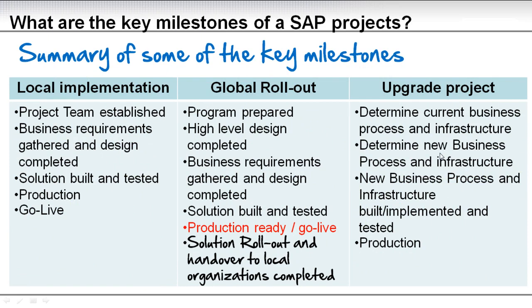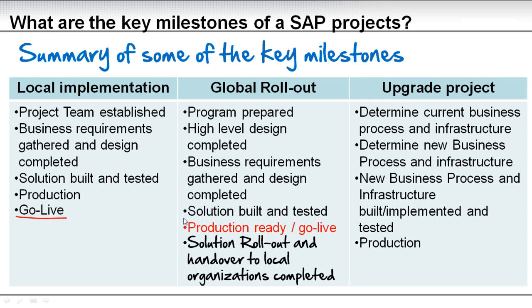If you refer back to the SAP methodology: local, global implementation, and then upgrade projects. And here we try to list the key milestones, and I'll basically just highlight the differences. So in the local implementation project, you have a go live as the end objective.